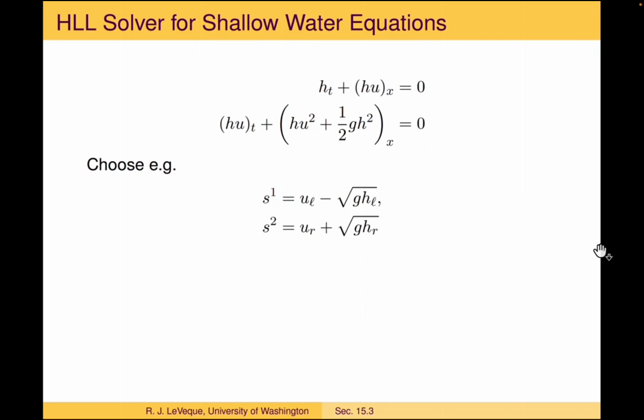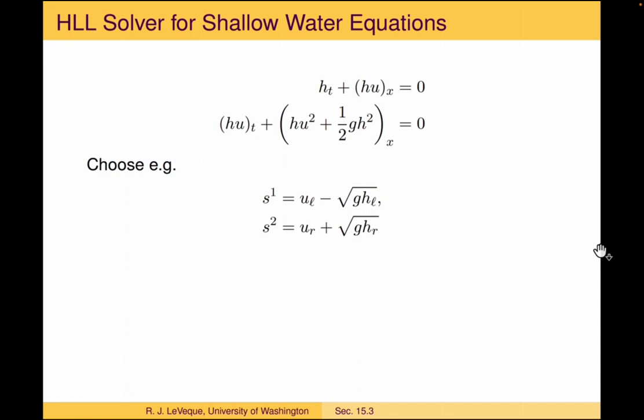So for the shallow water equations, for example, the eigenvalues are u minus square root of gh and u plus square root of gh. And so we might take, for example, S1 to be the lambda 1 eigenvalue in the left state, and S2 to be the lambda 2 eigenvalue in the right state. And assuming that S1 is less than S2 here, that can be a reasonable choice.